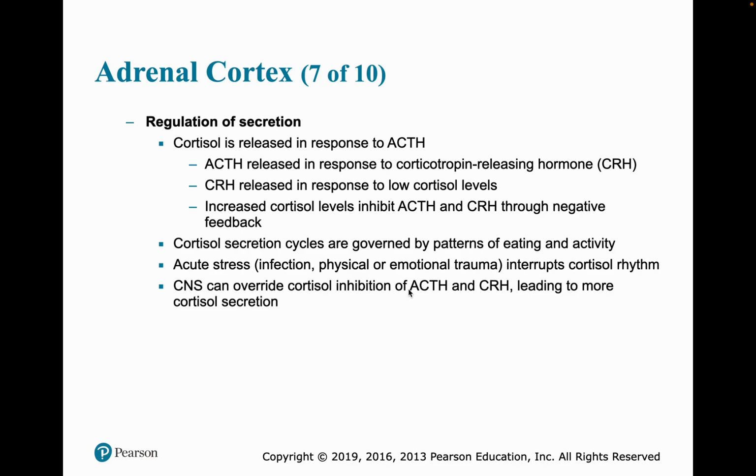Increased cortisol levels should inhibit ACTH and CRH through negative feedback. Cortisol secretion cycles are governed by patterns of eating and activity. Acute stress interrupts the cortisol system, and the central nervous system can also override cortisol inhibition of ACTH and CRH that leads to more cortisol secretion.